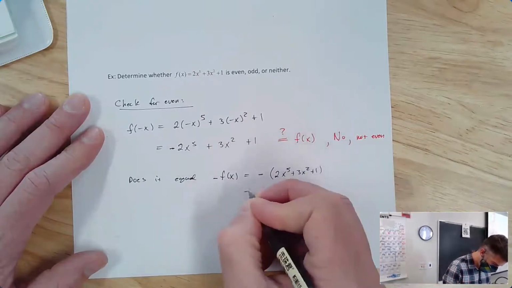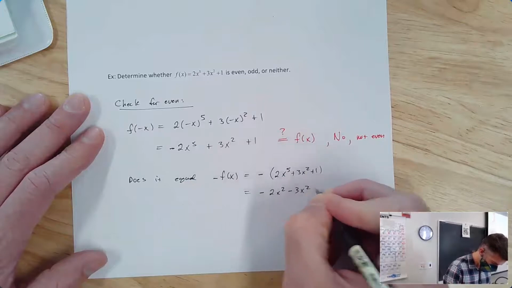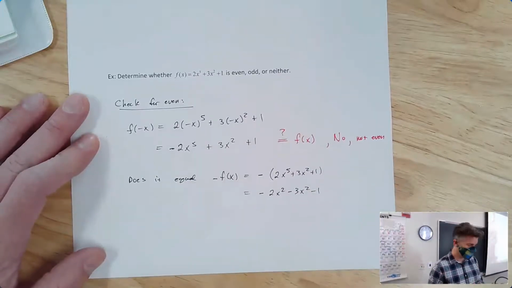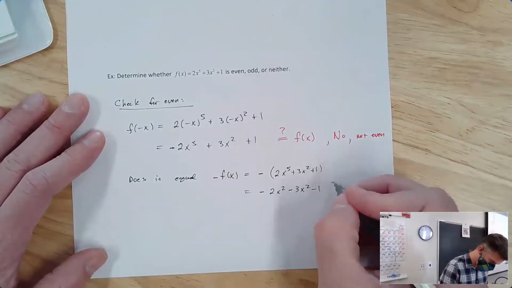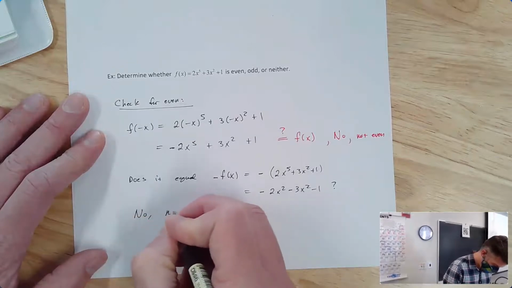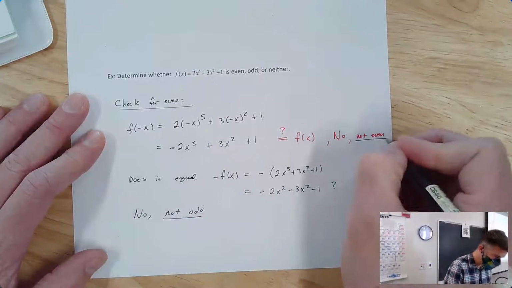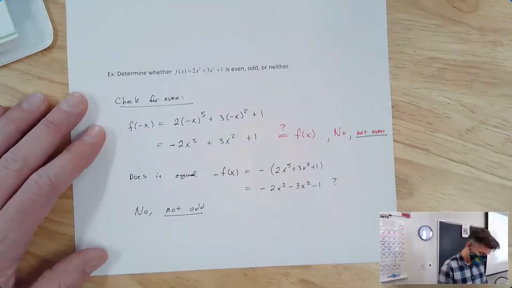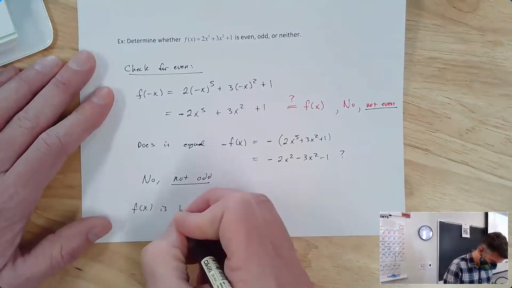And if we distribute that, we get negative 2x to the 5th minus 3x squared minus 1. Are those the same? No. So it's not odd. So it's not odd and it's not even, and it's neither. So this function, f of x, is neither even nor odd.